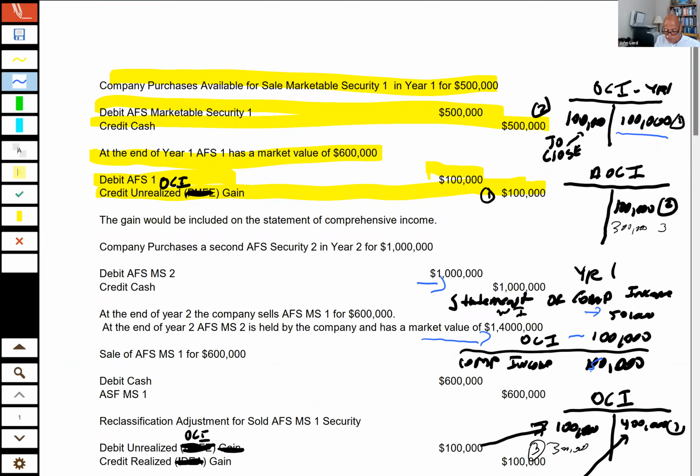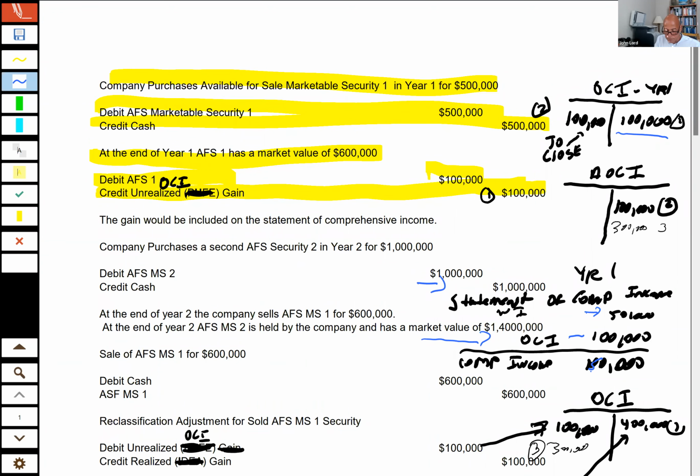Okay, good. Now, when you go back to the textbook here, let's look at that second note over there. Okay, and this next note talks about reclassification adjustment.